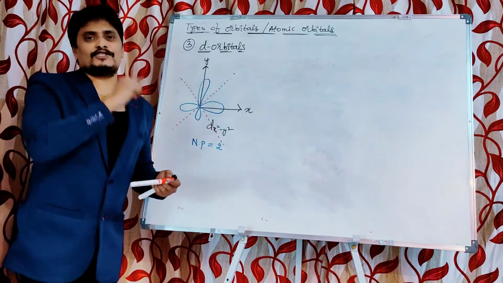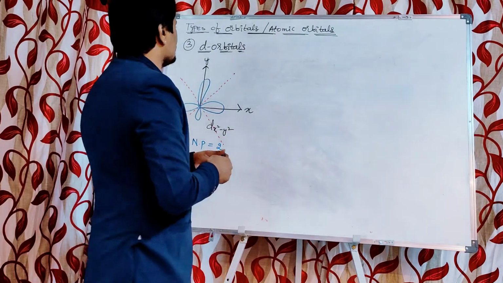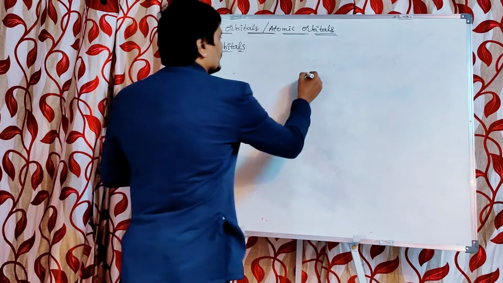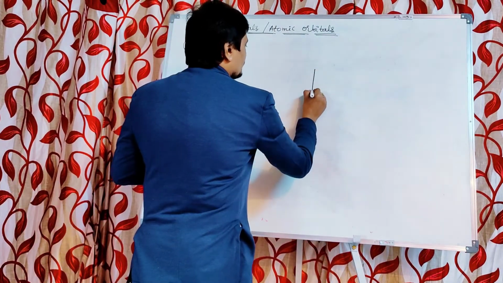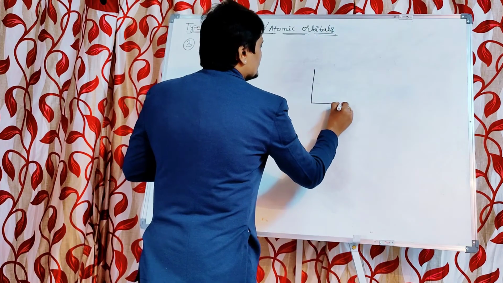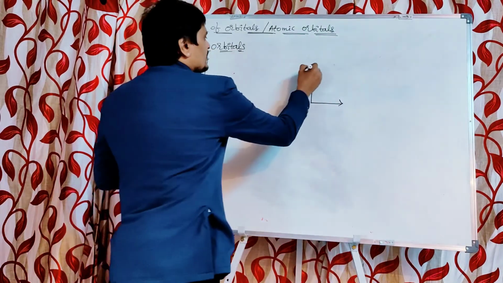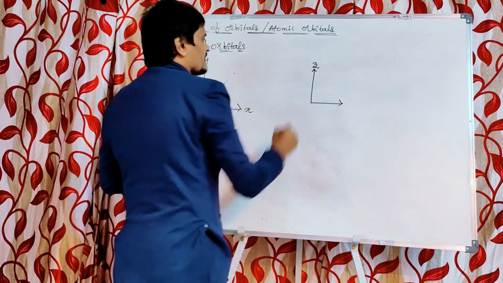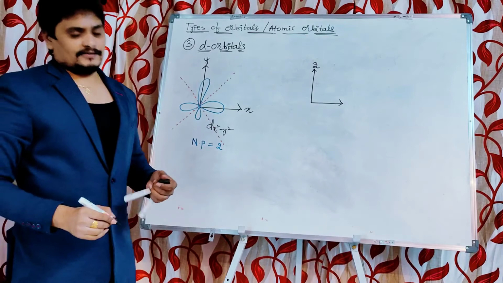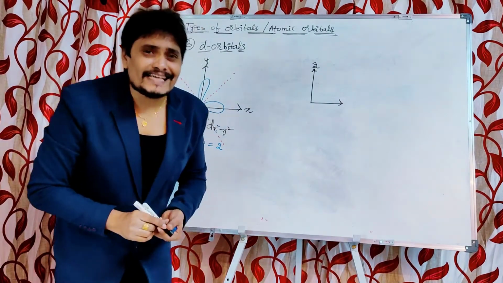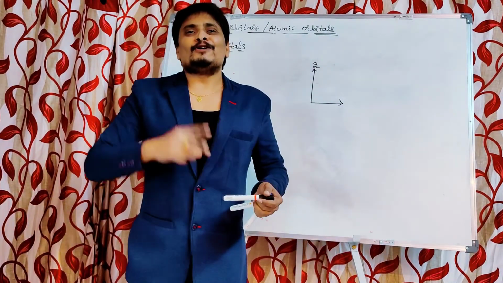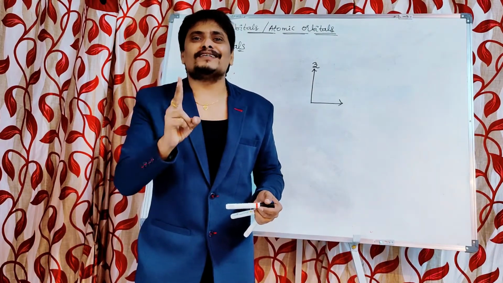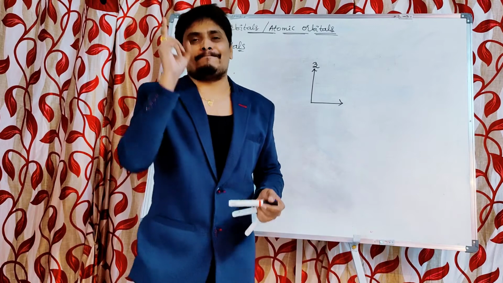And coming to the last one, what is the last d orbital, students? dz square. In the case of dz square, dz means just consider only one axis, that is the z axis. Two lobes are located along the z axis only.